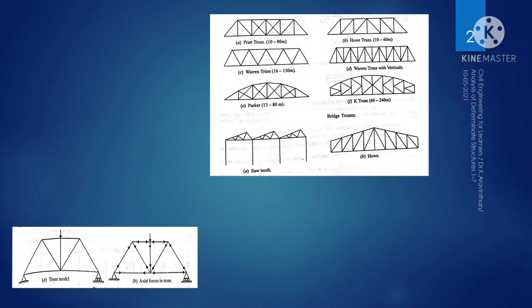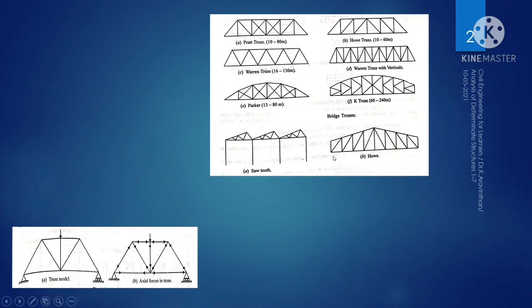Pratt truss. This is constructed when you have a span of 10 to 80 meter distance. So all the types are certain patterns of trusses. Each and every one is unique according to the design and shape.